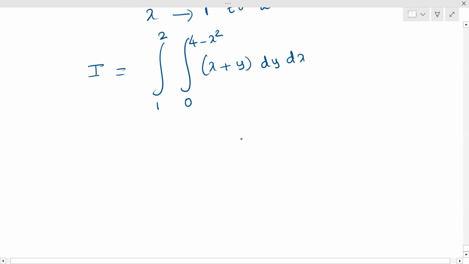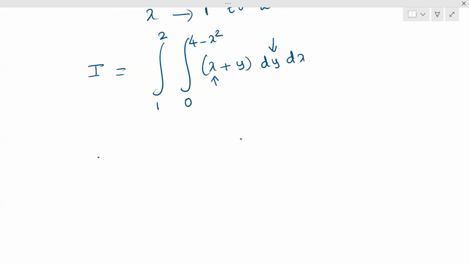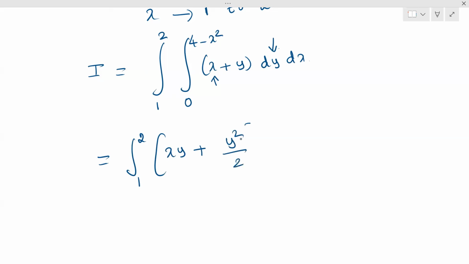Now we change the order of the integration. Now we have to evaluate it. Okay, first integration with respect to y, the inner integration. So we have to treat this variable x as a constant. So write the outer integration as it is. The first term x, the integration is xy. Second term y, the integration is y square by 2, from 0 to 4 minus x square, dx.